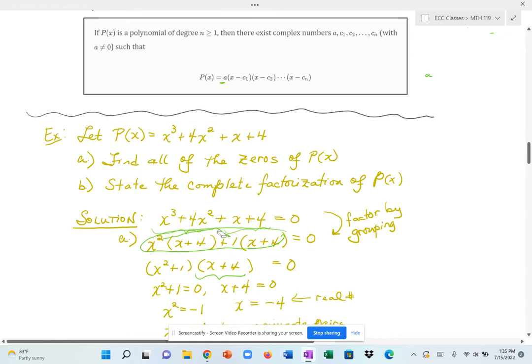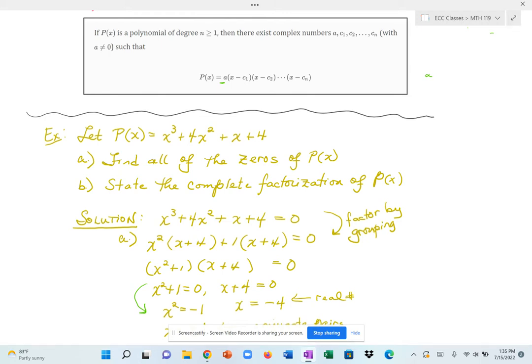And that whole thing is set equal to 0, and then I'm going to solve this similarly to the way I solved one earlier in this lesson. I'm going to take each factor and set it equal to 0. So this one becomes x squared equals negative 1. And if you take the square root of both sides, you'll get x is equal to plus or minus i.